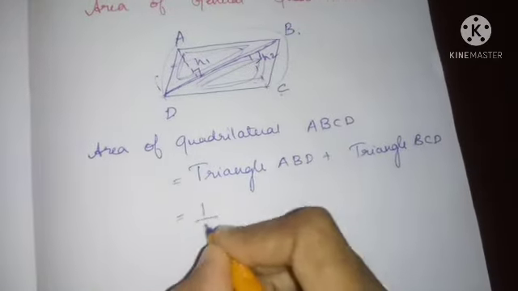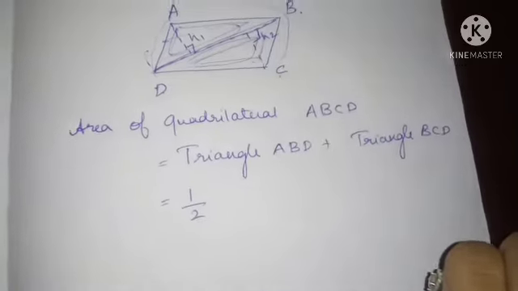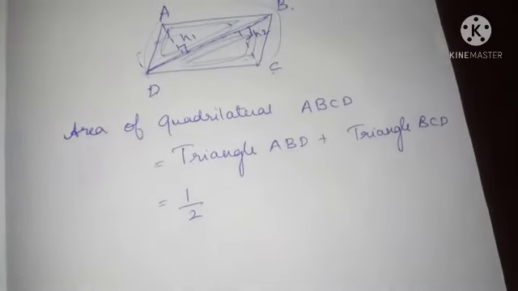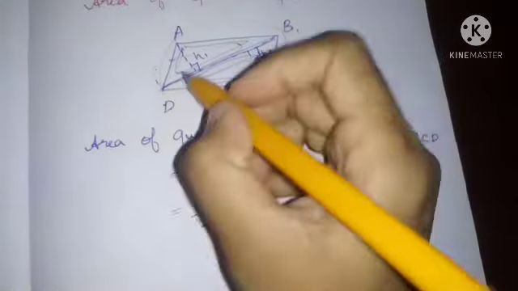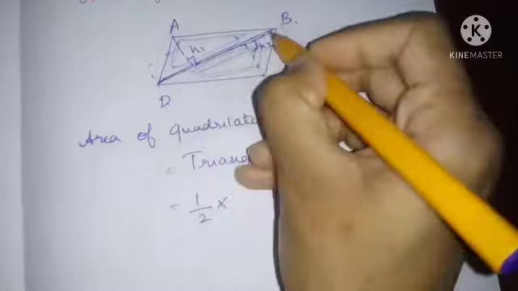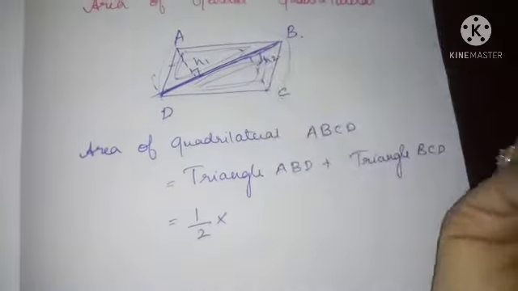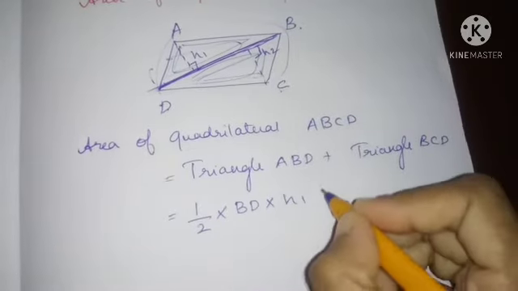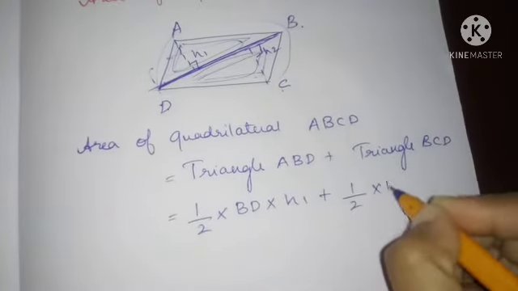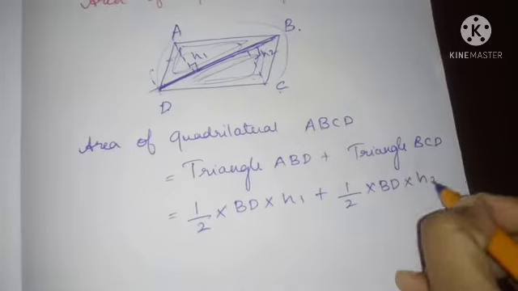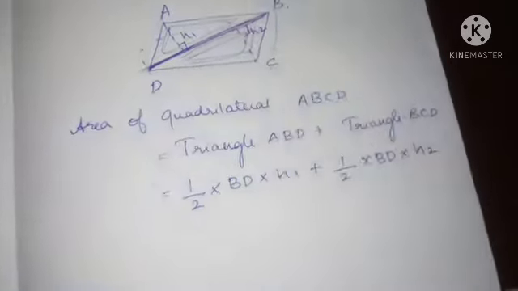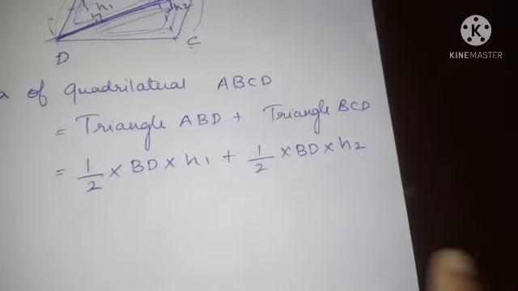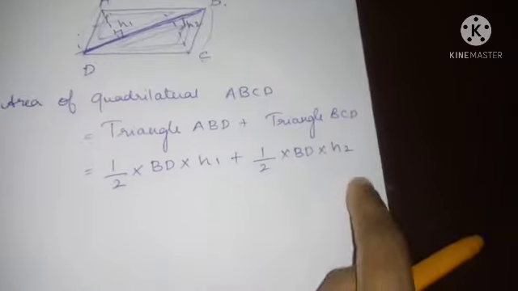So half into, what is the formula for area of a triangle? Half into base into height. What is the base for this triangle? I told you this is the base. This dark line is your base. Half into BD into H1 plus half into BD into H2. This is your height. Now, which is common in both?